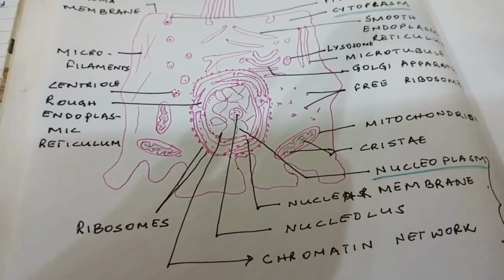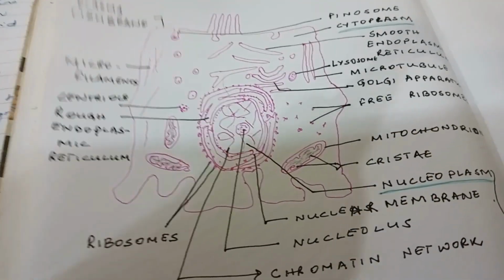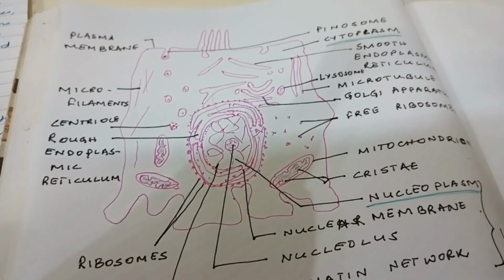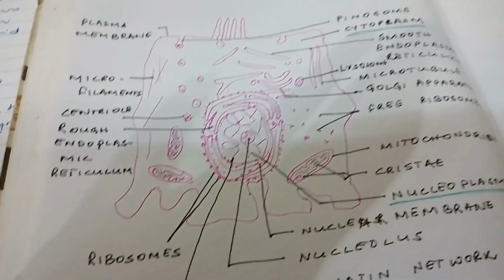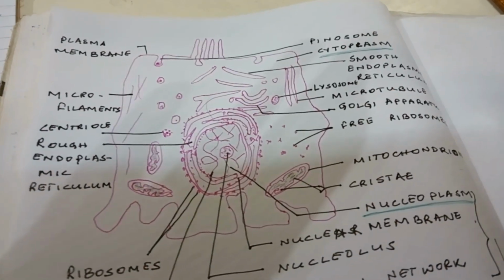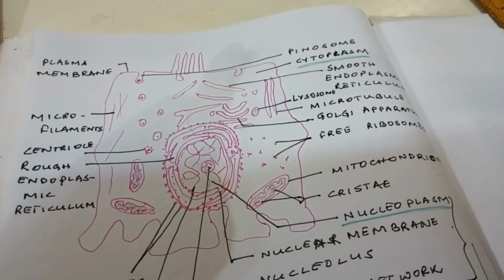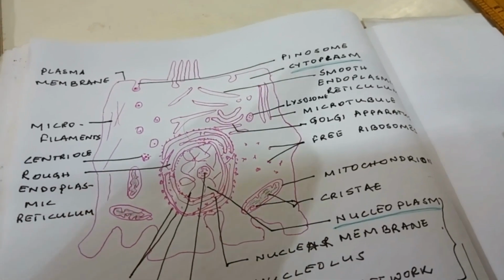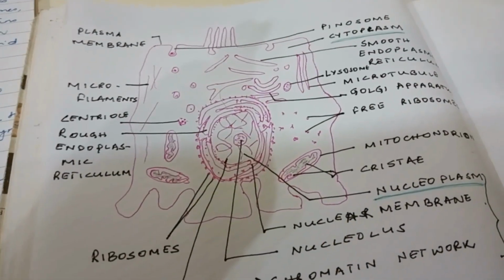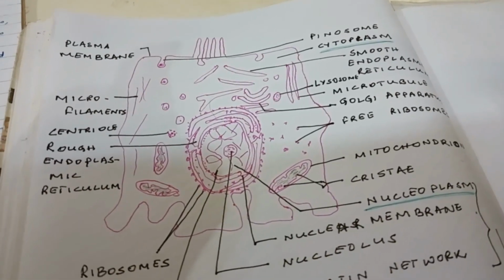You have to remember that it depends on two factors: number one, the viscosity of the cytoplasm, and number two, the temperature. When there is one vacuole inside the cell, the cytoplasm moves in one direction only. And when there is more than one vacuole, the cytoplasm can move in more than one direction.